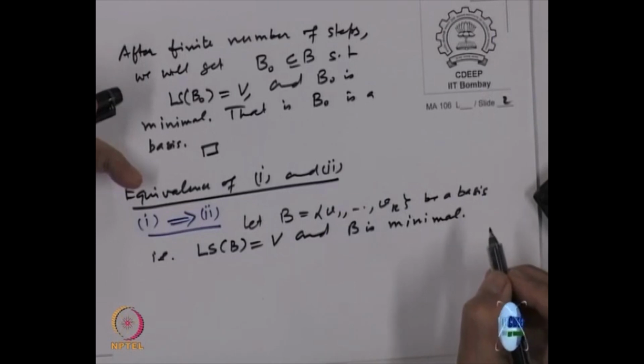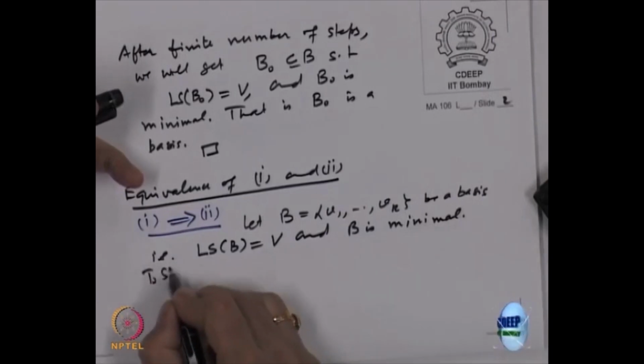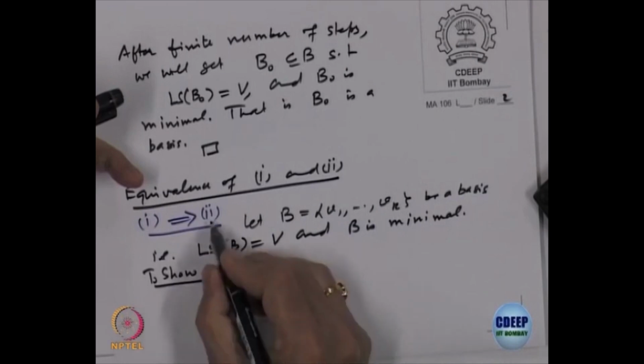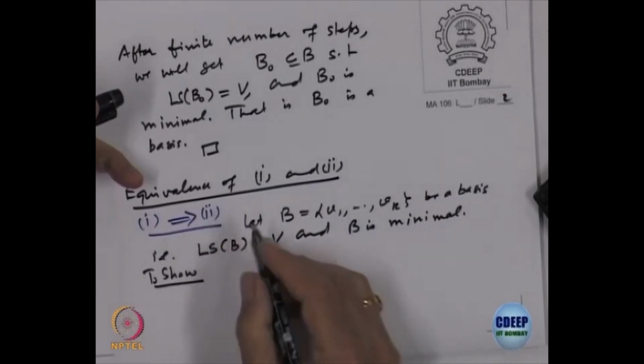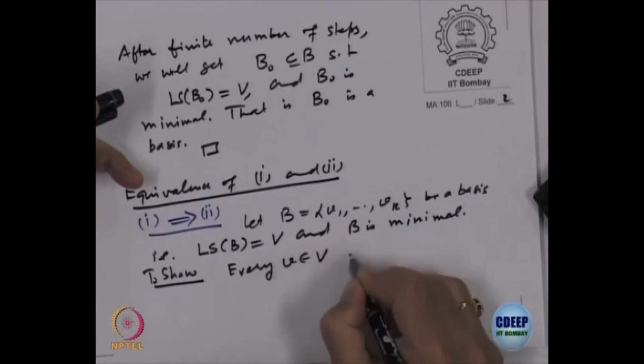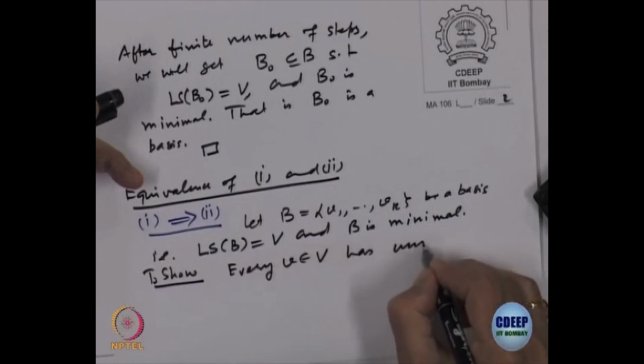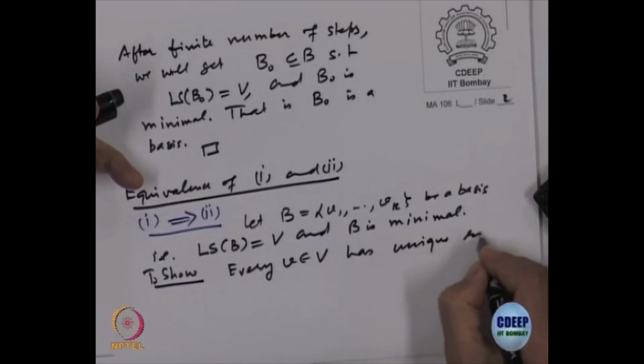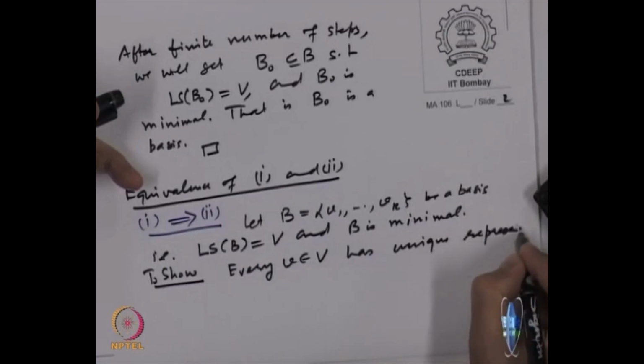What is to be shown is statement 2, that every vector v belonging to V has a unique representation.